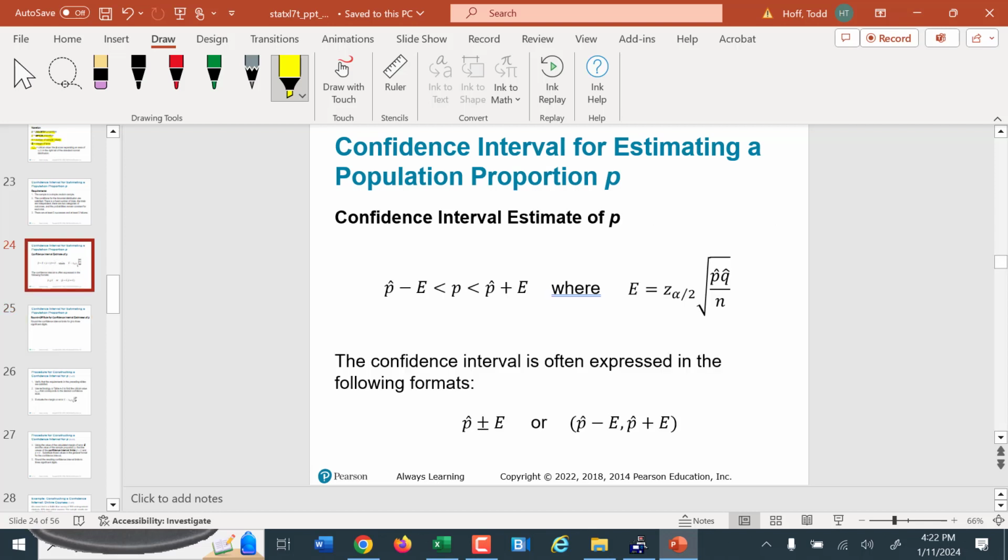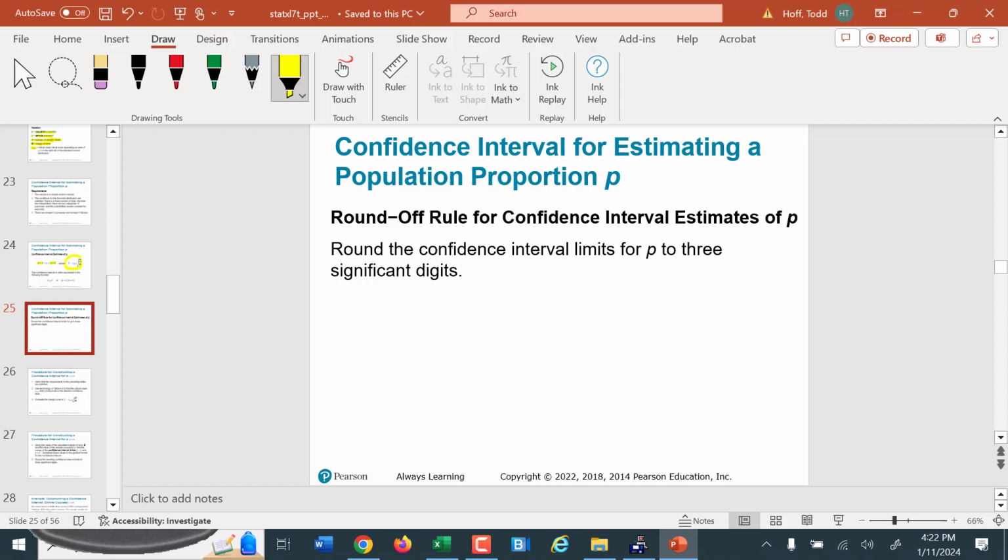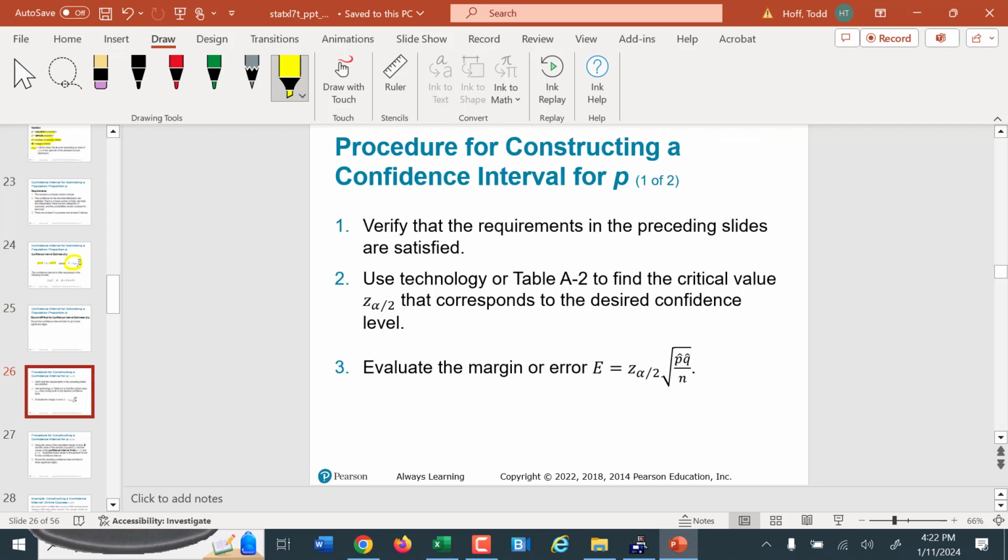Of course, this is our confidence interval. Once we find the margin of error, we take our point estimate and subtract it, and take our point estimate and add it, to get the ends of our interval. Round-off rule: we're going to round our margin of error to 3 significant digits. That means after we hit our first digit that's not a 0, we go 3 digits from there. Again, this is just our procedure.